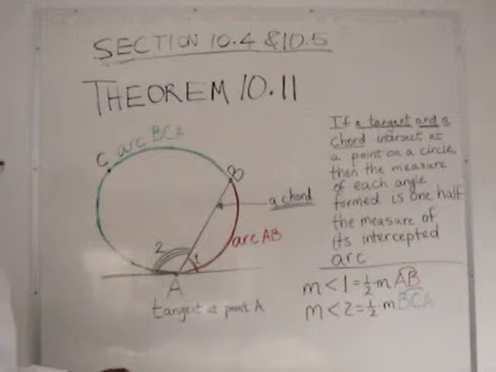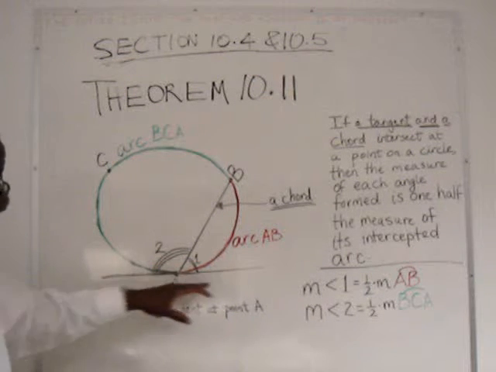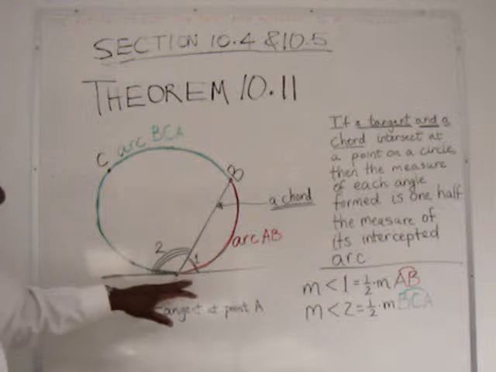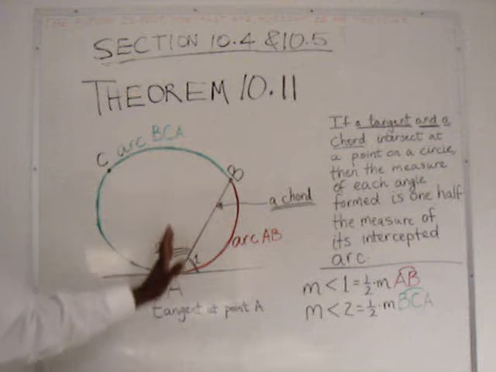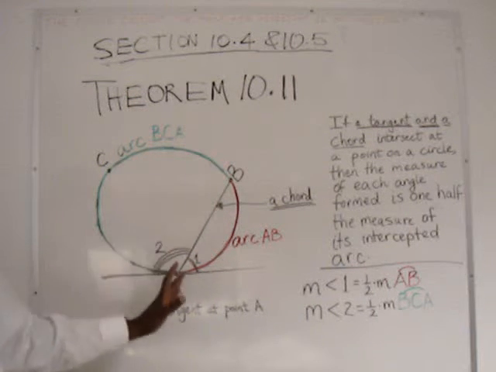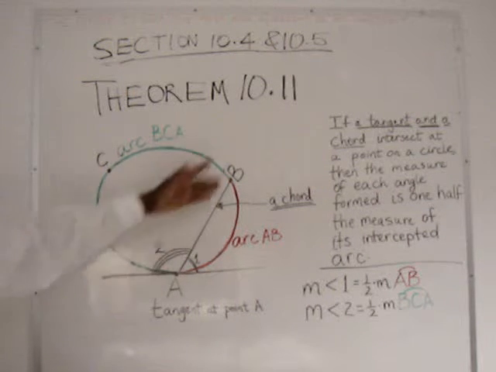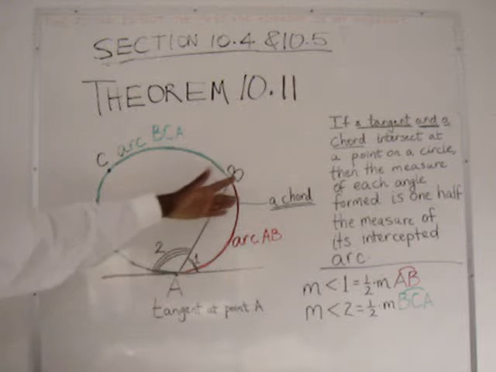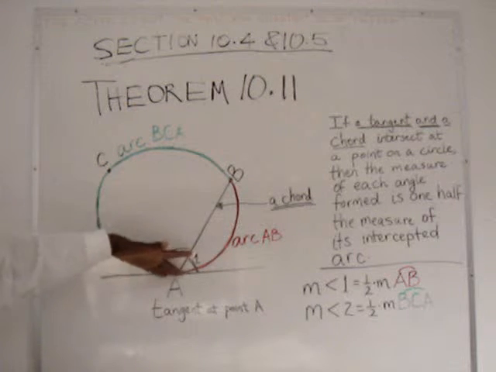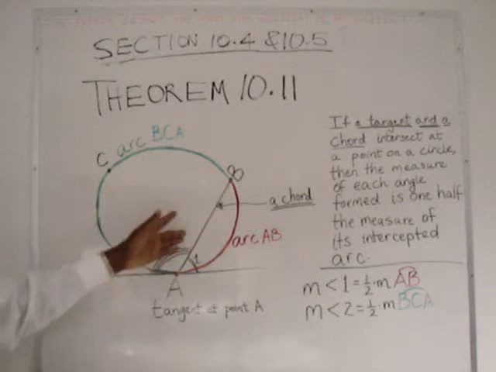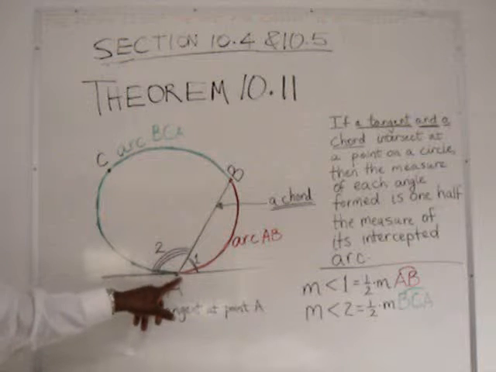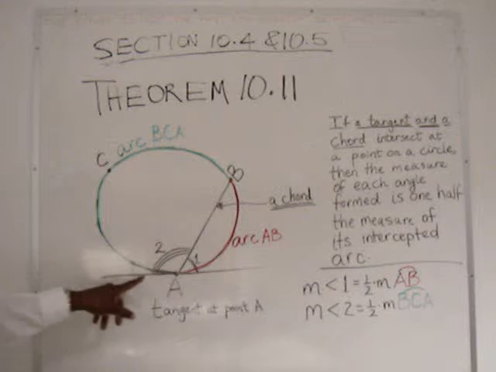Remember, a tangent is only 90 degrees to a radius to that point. So don't be confused, this is just any old chord. It could be like that, like that, like that. It's just a chord. It's not a radius, so it doesn't have to be at 90 degrees to the tangent.